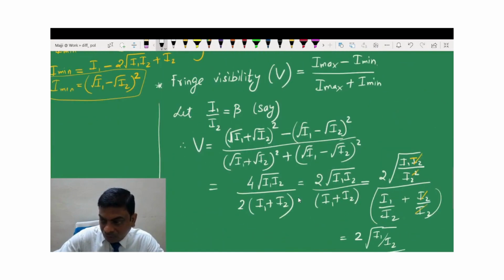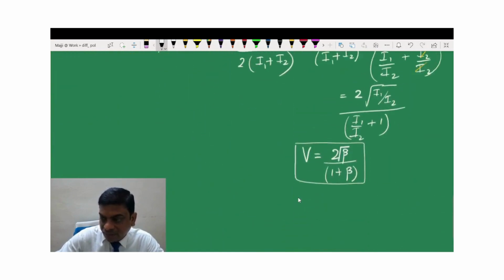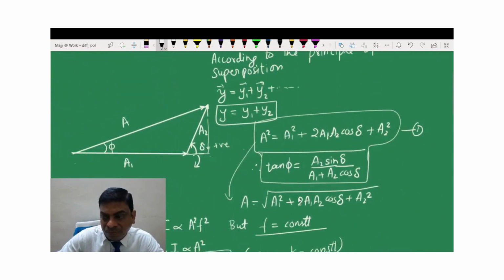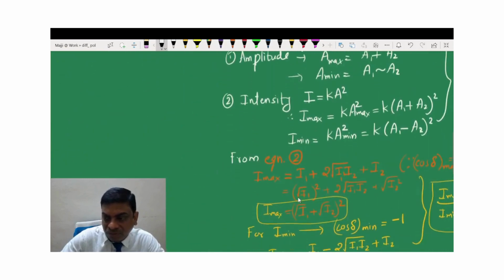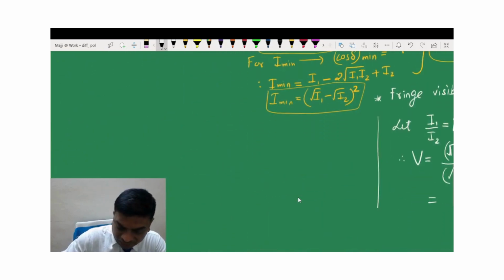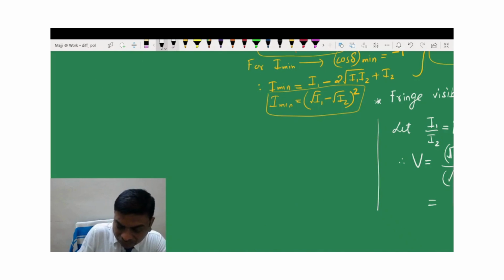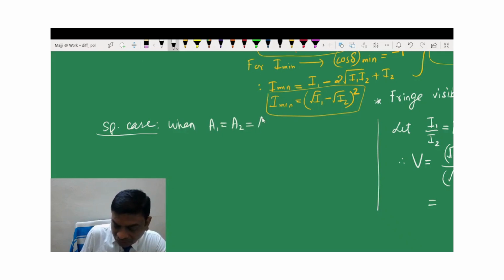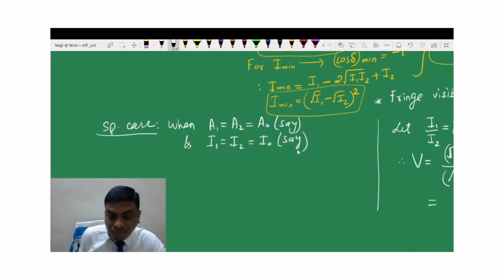So now we'll consider a special case where A1 is equal to A2, let us say, A naught. So obviously I1 will be equal to I2, which we can call I naught.